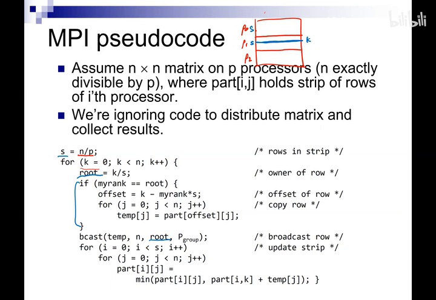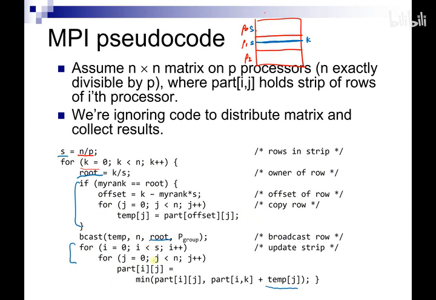So then all of the processors are going to do this broadcast step, and the root is going to be sending, the other guys are receiving, and then once they receive this temporary variable, now they can go ahead and do the computation. So this part corresponds to doing the computation for all of the rows that they have.